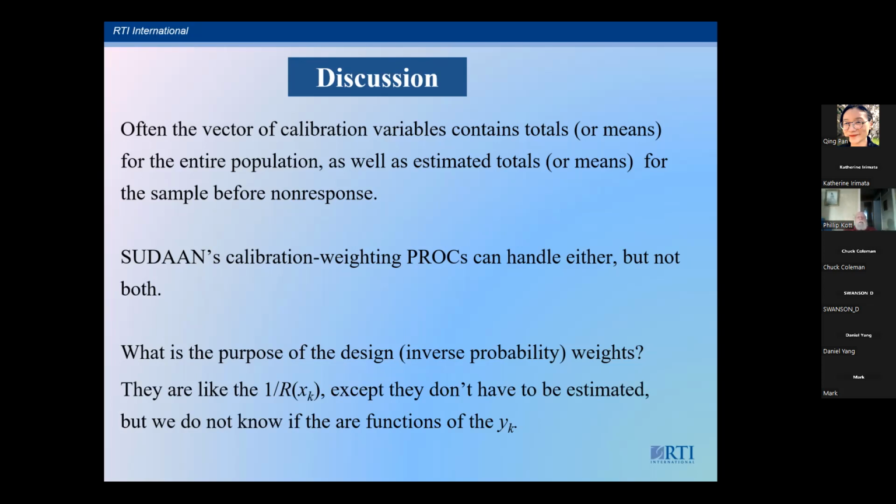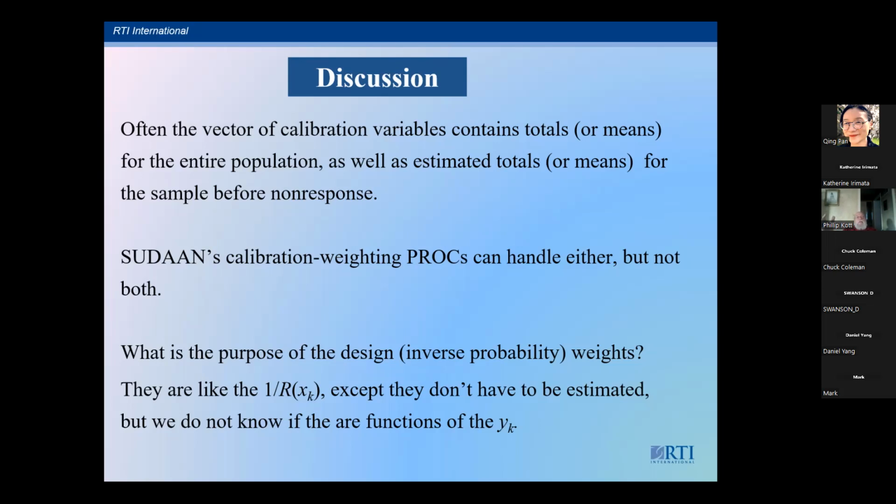Their purpose is that if they are a function of Y that we don't even know about, they account for non-ignorable sampling. We call that informative sampling.